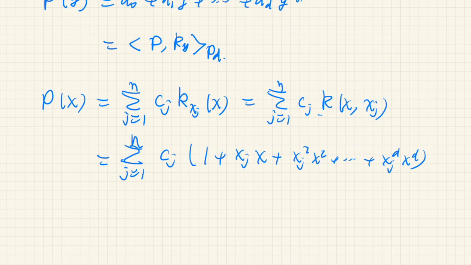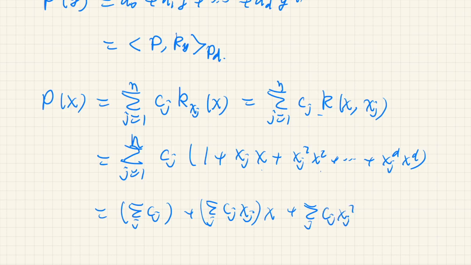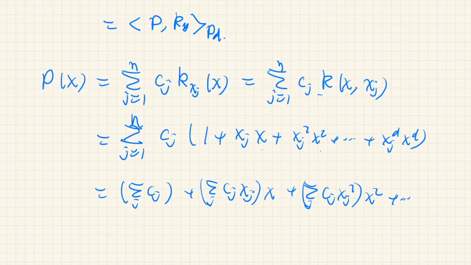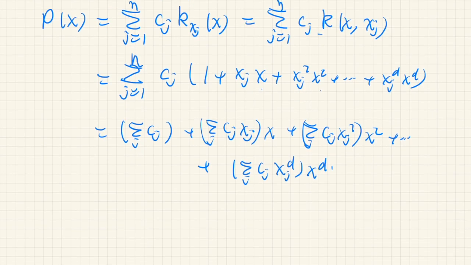So if we factorize by powers of x, then this becomes sum over j of cj, plus sum over j of cj xj x, plus sum over j of cj xj squared x squared, and so on, and sum over j of cj xj to the power of d, x to the power of d.